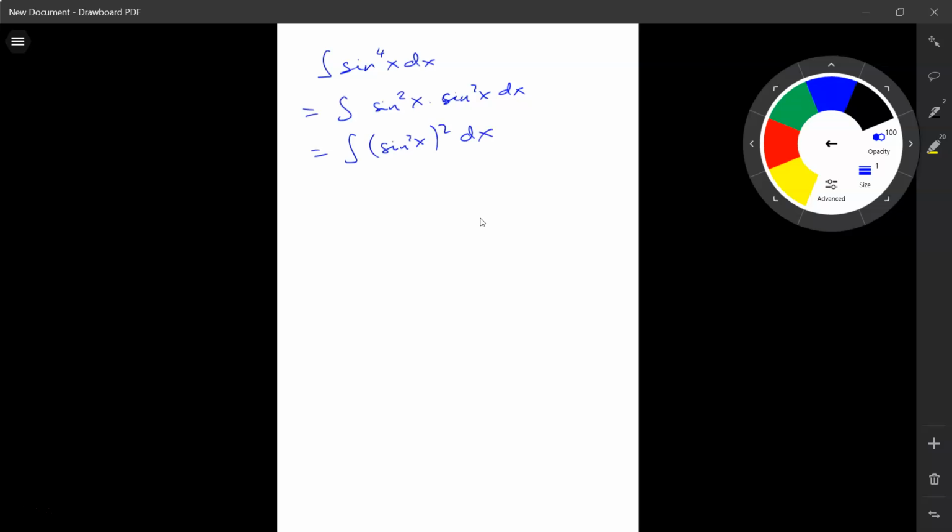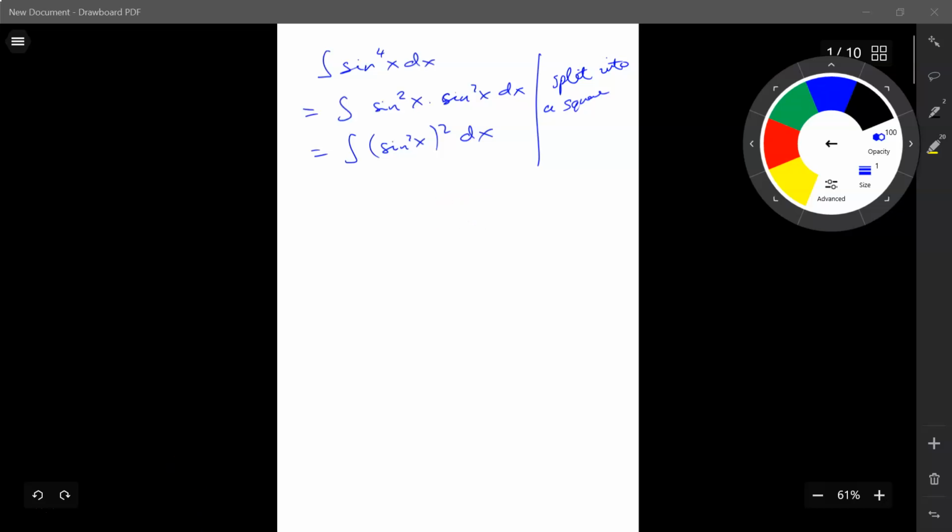So is everyone happy enough? Step 1 is to split it into a square, basically, or reduce down to sine squared. Is everyone happy enough with that first step?